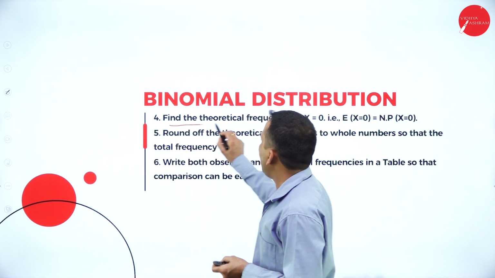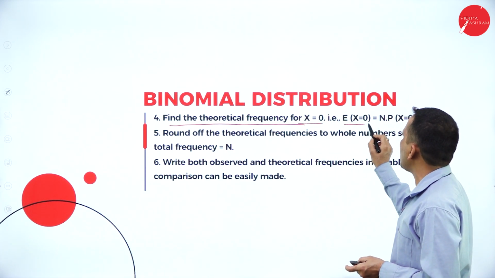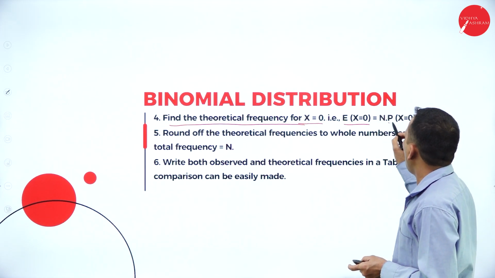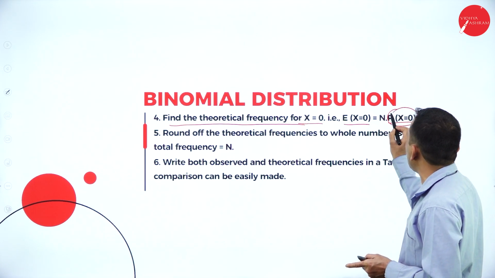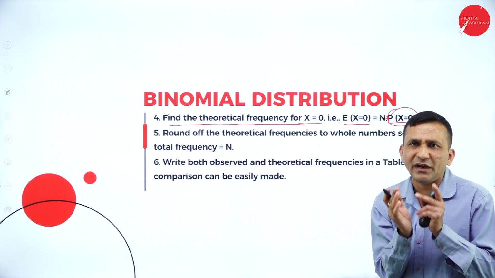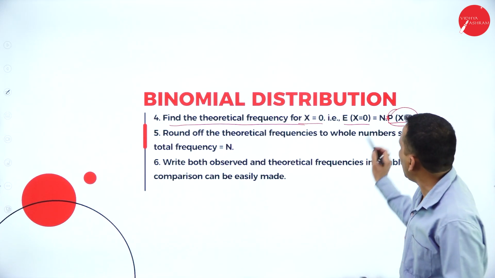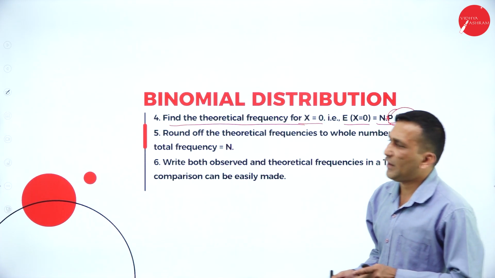Now, fourth step, find the theoretical frequency for x equal to 0, E of x at 0. With the help of the probability mass function, we got the value of P of x at 0. Now you just multiply it by the total observed frequency, and you directly get the expected frequency.